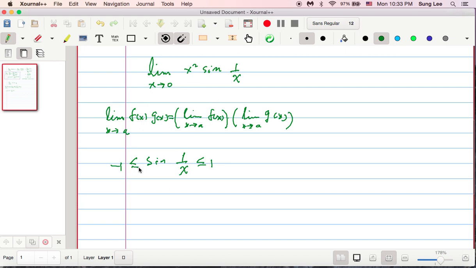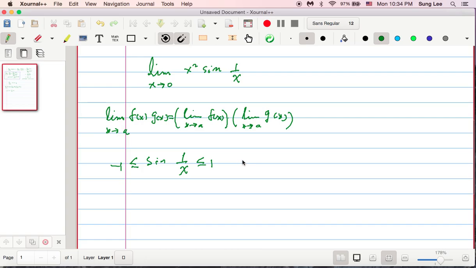So multiply this inequality by x squared. x squared is non-negative, and if x is not equal to 0, it is positive. And you know the property of inequality, right? If you multiply a given inequality by the same positive number, the inequality does not change.